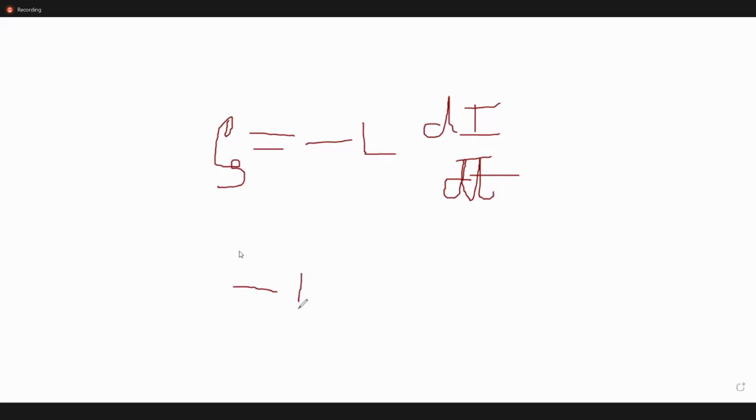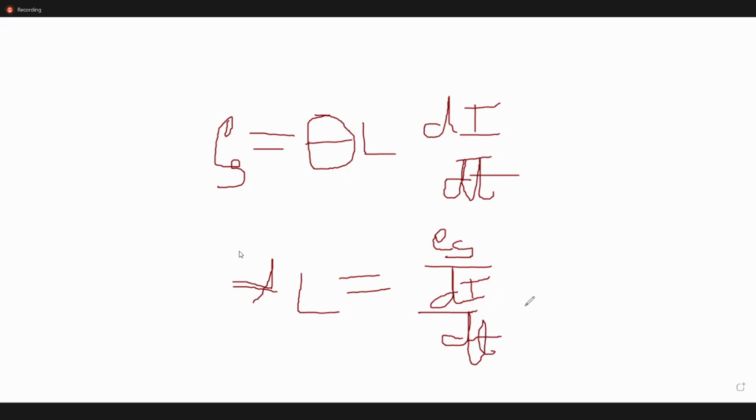So L is equal to, directly you can take, minus for direction. You can take it or not, no problem. L is equal to self-induced EMF divided by rate of change of current, di by dt.